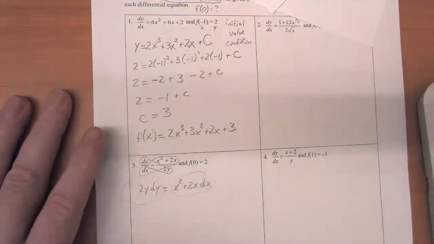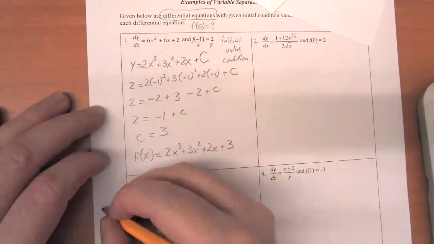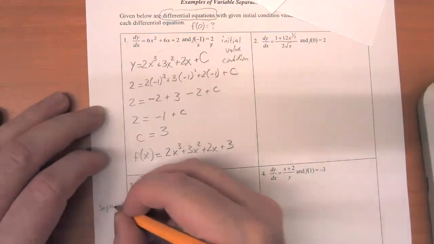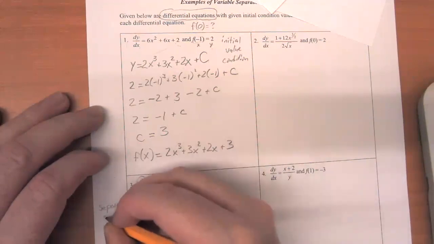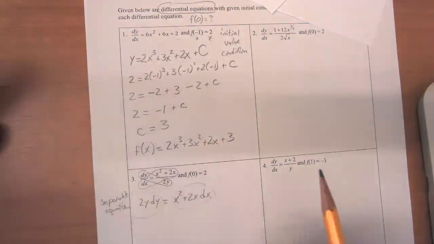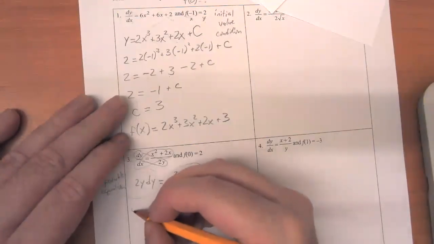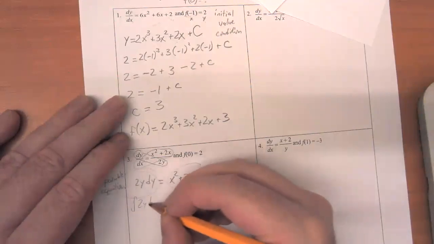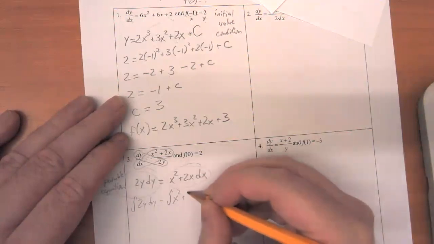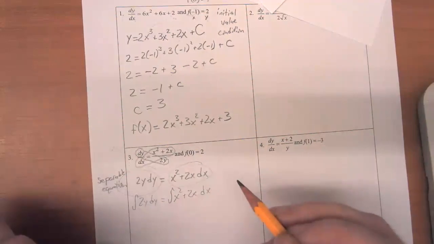Over here, I've got a statement which is just in terms of x's and dx's. Because of that, this is called a separable equation, because I can separate the x's and y's onto different sides of the equal sign. And so what I'm going to do is integrate both sides of the equation in terms of their respective variables.